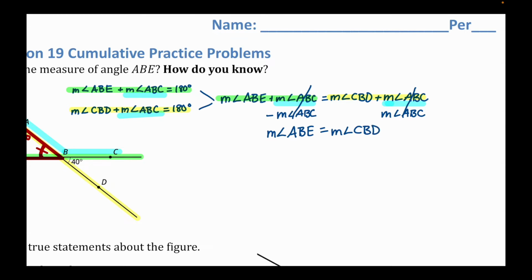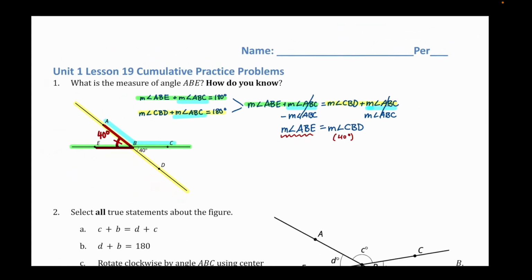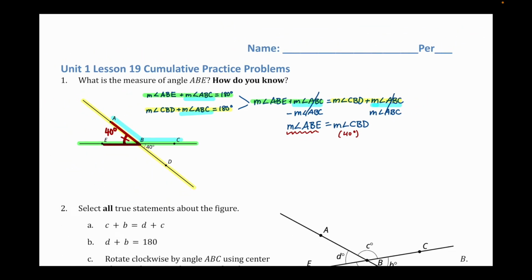So this means that my red angle here is equal to something that was 40 degrees. So this is how we know, using algebra, that those two have to be equal to each other. And we don't have to have that CBD is equal to 40. It works with any angle measure.